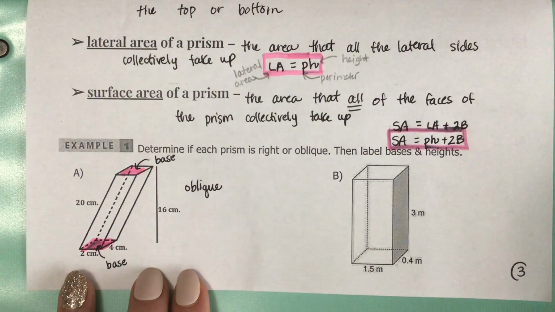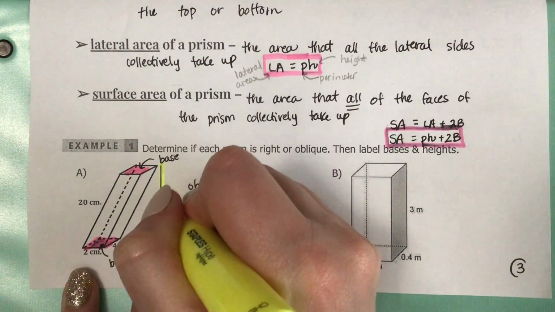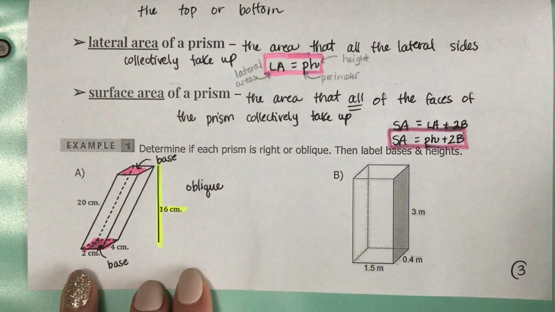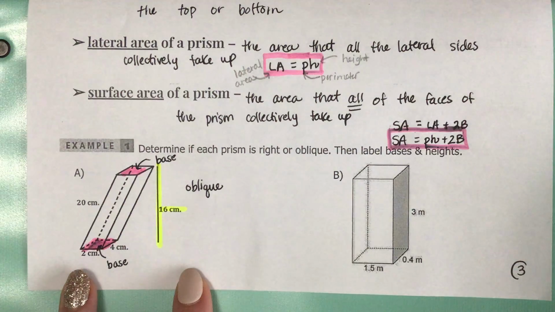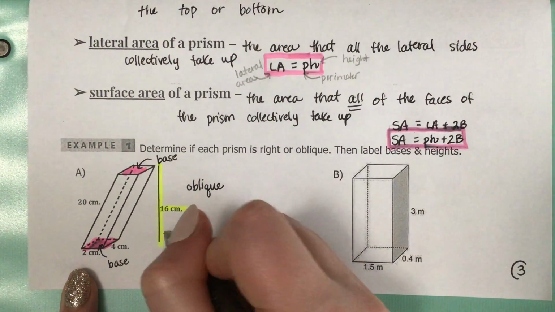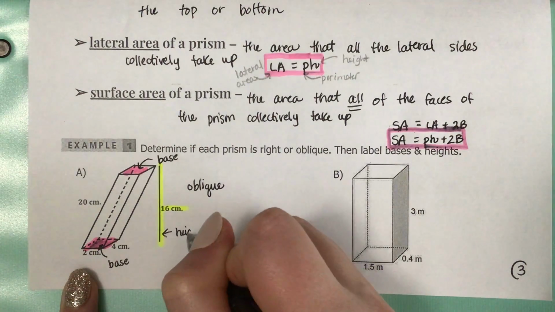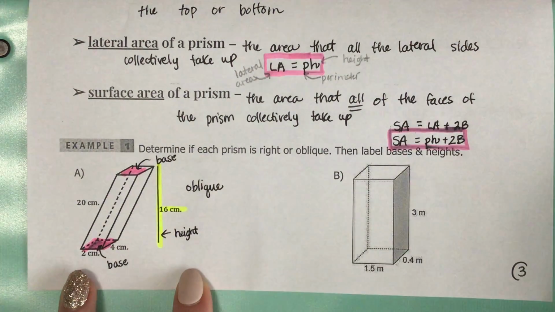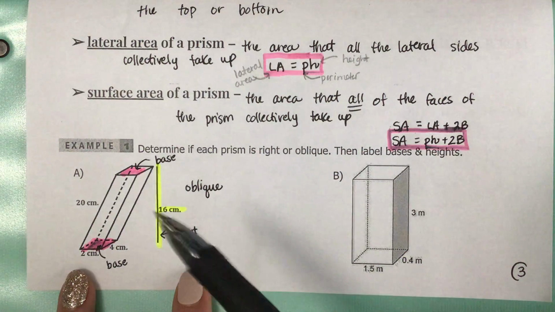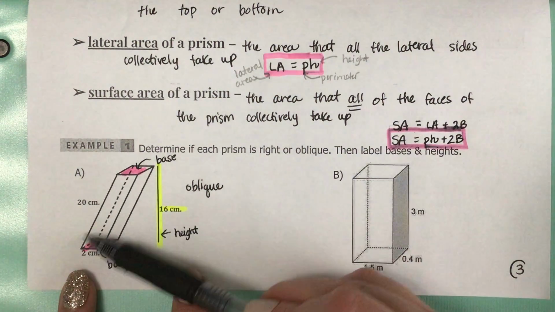So because this is oblique, the altitude is actually going to be this 16 centimeter line. So this right here is the height or altitude. It's not going to be this 20 centimeters because that's slanted.